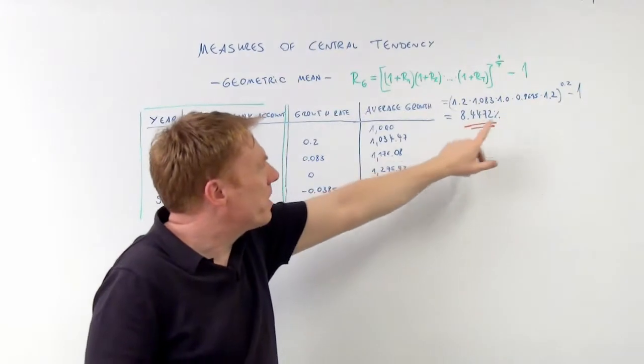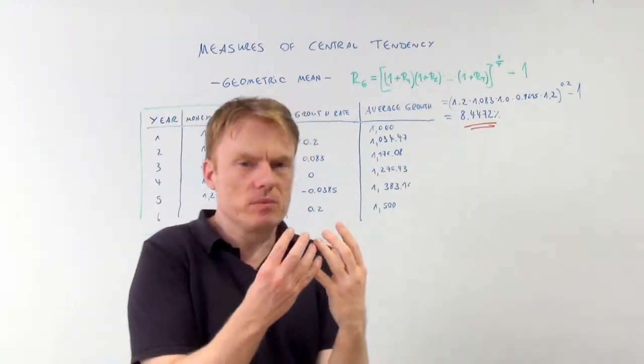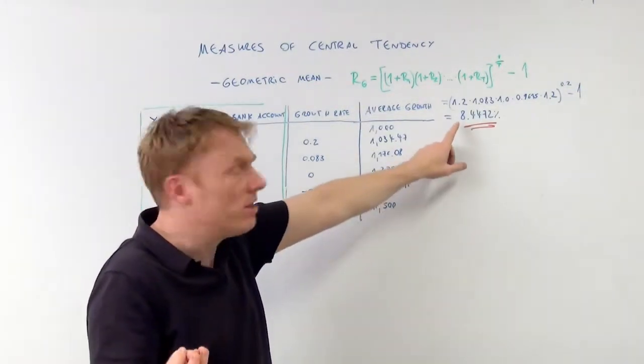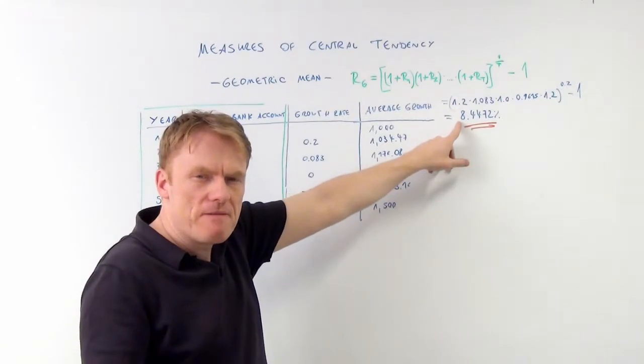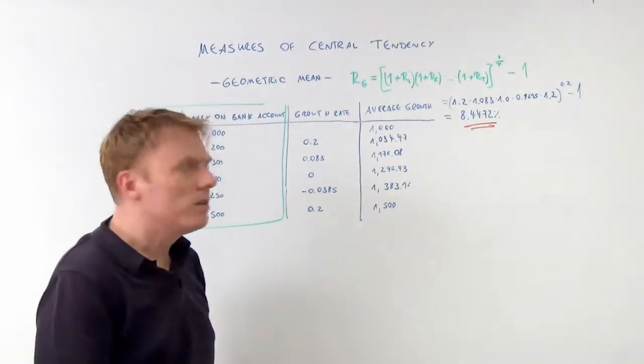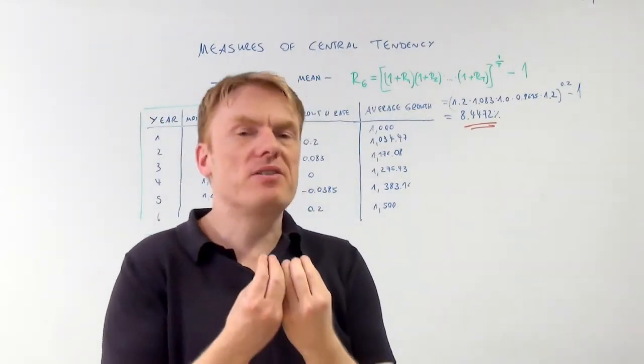Minus 1, don't forget the minus 1. And then the average growth rate calculated with the geometric mean, as it needs to be done, is 8.4472%. And this is the growth rate that is needed.